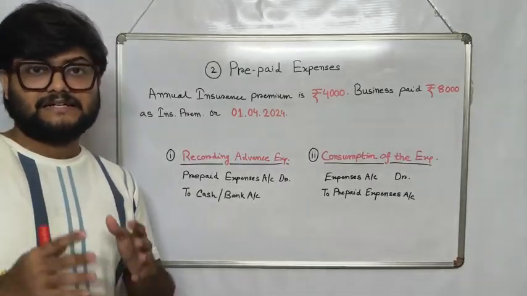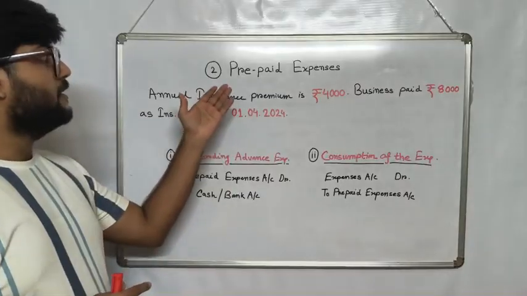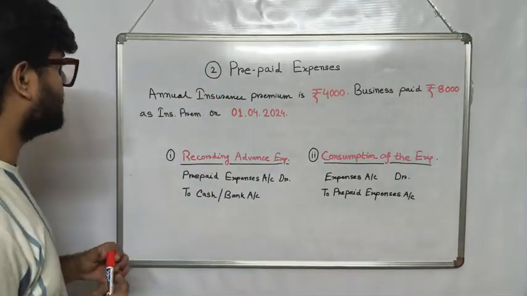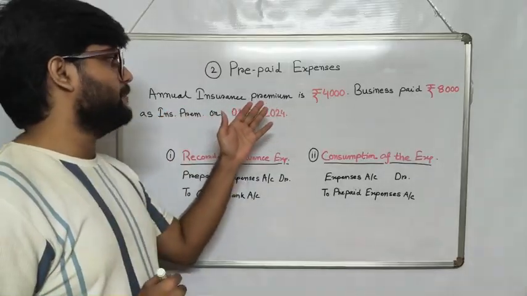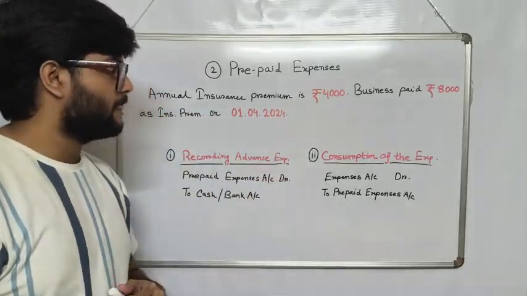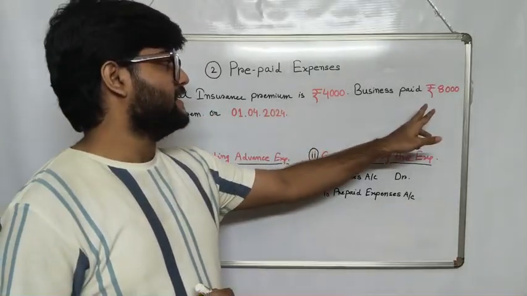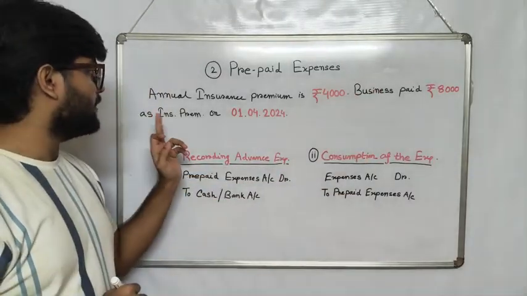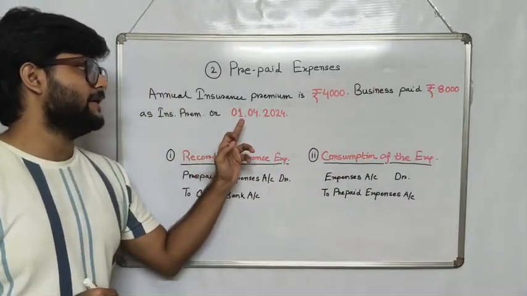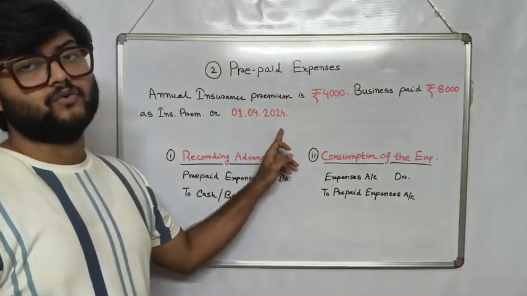Now the real life example on prepaid expenses. It states annual insurance premium is rupees 4,000. Business paid rupees 8,000 as insurance premium on 1st of April 2024.